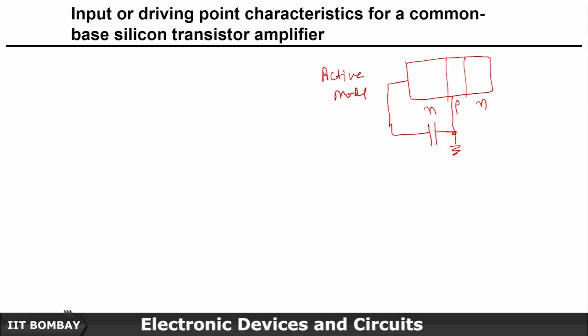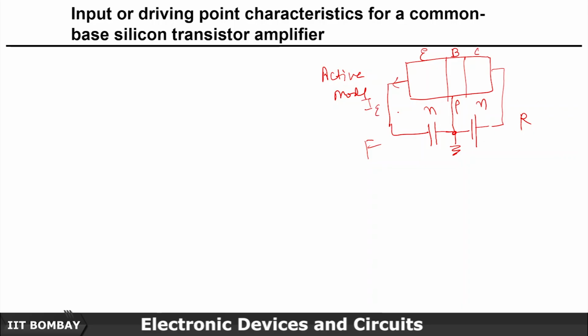This is forward bias because the positive terminal of the battery is connected to the p-type semiconductor. Here this is emitter, this is base, this is collector, and the N-type is connected to the positive terminal. So this is reverse bias, this is forward bias: emitter, base, collector.